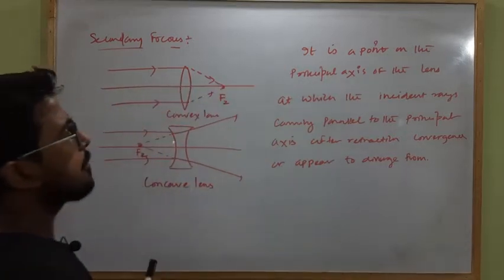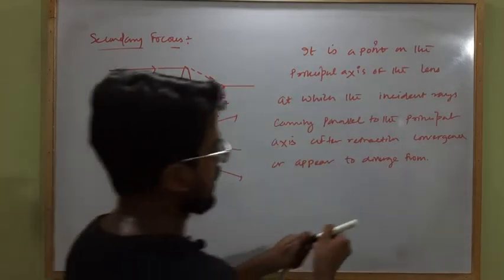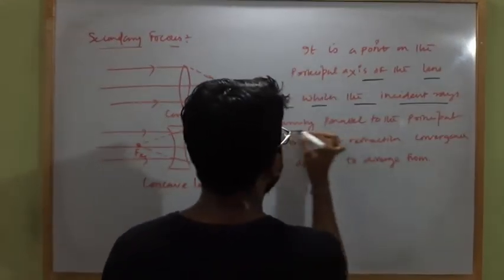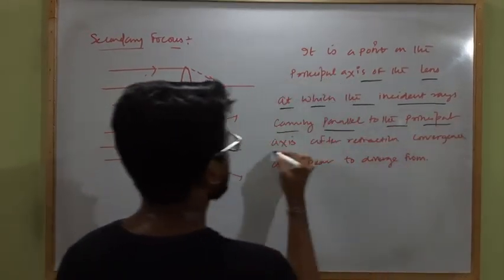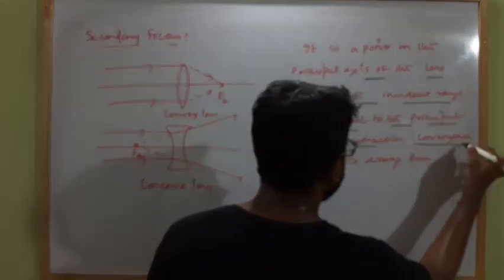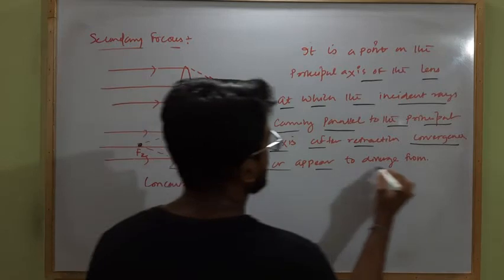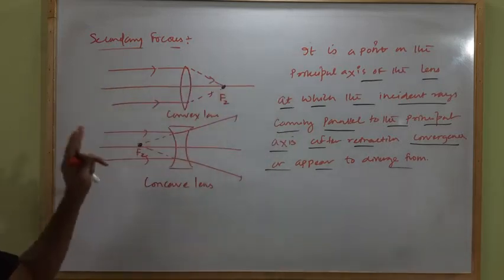Okay, so it is such a point on the principal axis of the lens at which the incident rays coming parallel to the principal axis after refraction converge or appear to diverge from. So this will be the secondary focus.